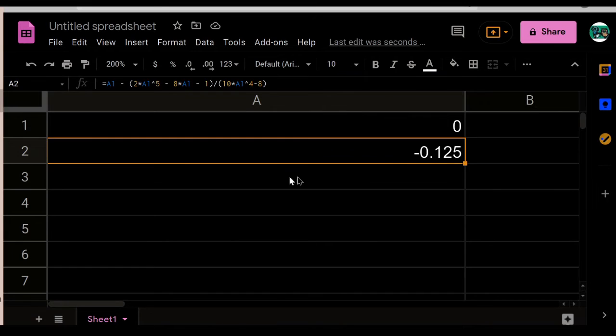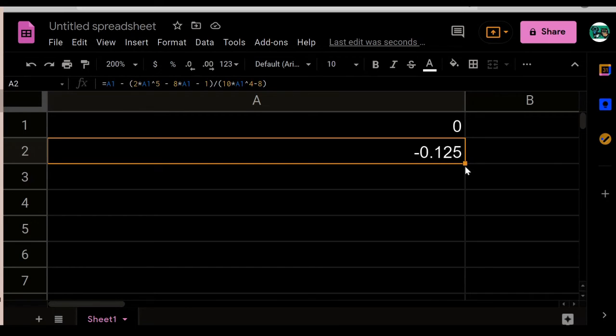But as a result of taking the time to enter the formula in this fashion, we have unlocked the ability to use Excel's autofill feature. So I'm going to highlight the box containing x1, and I'm going to look at this little square in the bottom right.